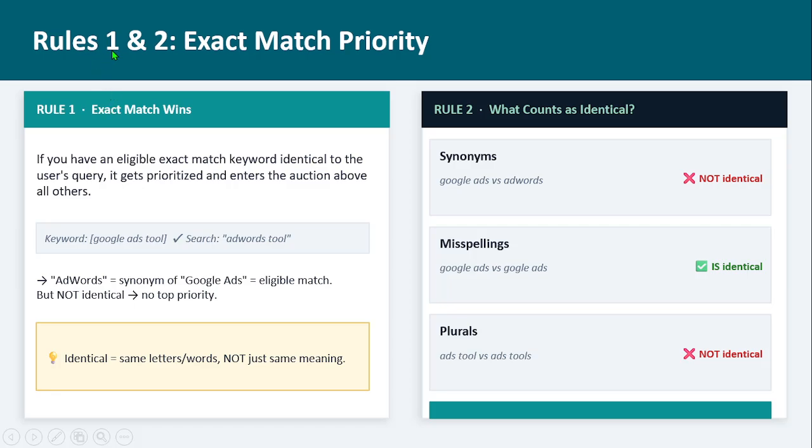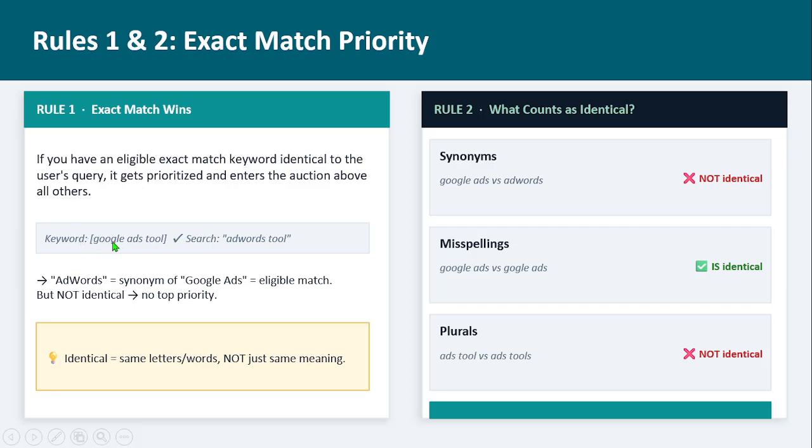Now rules 1 and 2, exact match priority. Rule 1, exact match wins. If you have an eligible exact match keyword identical to the user query, it gets prioritized and enters the auction above all others.